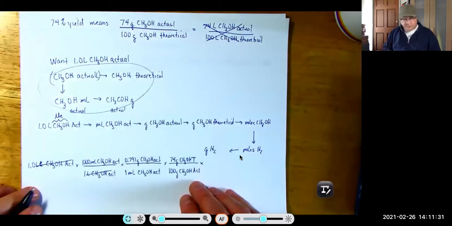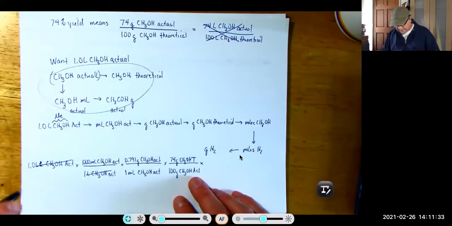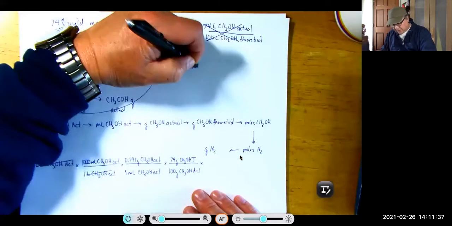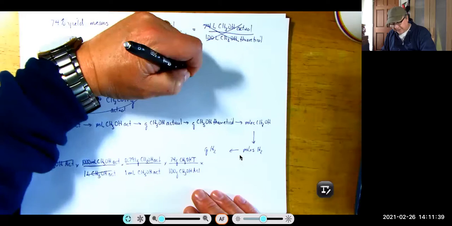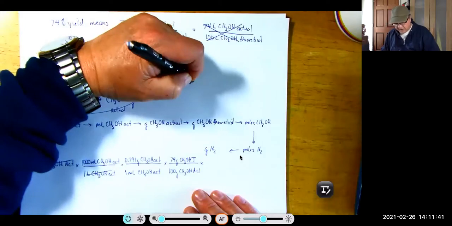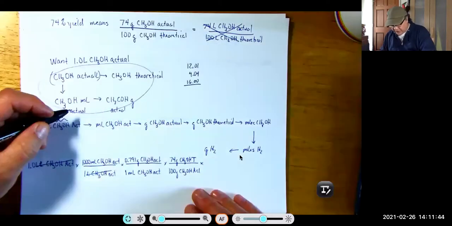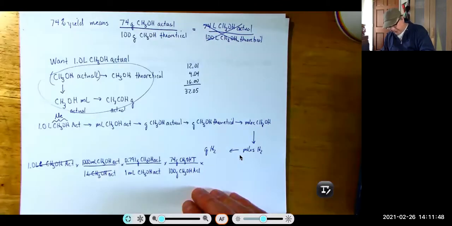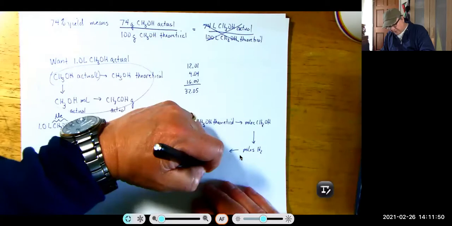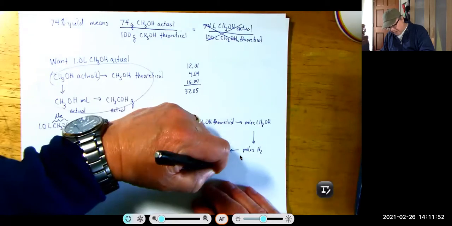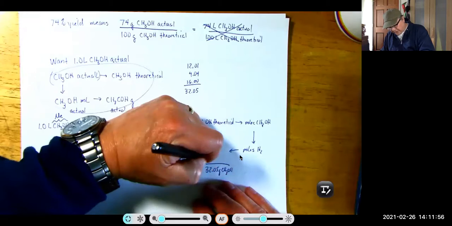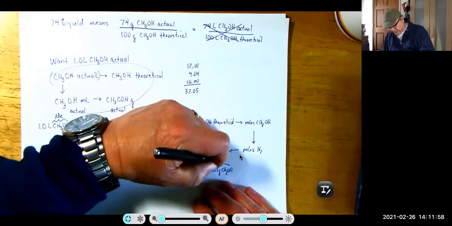And then I'm going to multiply by the molar mass of methanol, which is 12.01 plus 4.04 plus 16.00 for a total of 32.05. So 32.05 grams of methanol on the bottom to 1 mole of methanol on the top. And this is theoretical.